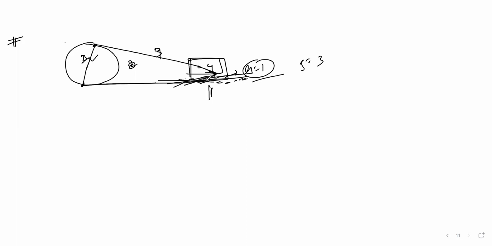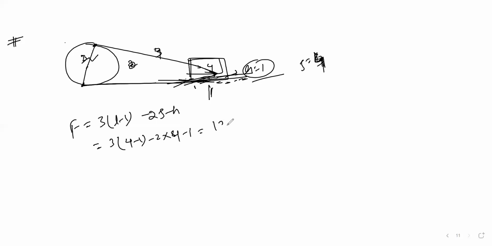The binary joint is here at this point, because the slider is there, so here also one more binary joint. It's a total of 4. So we can say that the degree of freedom is 3 into L minus 1 minus 2 into J minus H. 3 into 4 minus 1 minus 2 into 4 minus 1. So 3 threes are 9, minus 2 fours are 8, minus 1. So I can say that here the degree of freedom is 0.